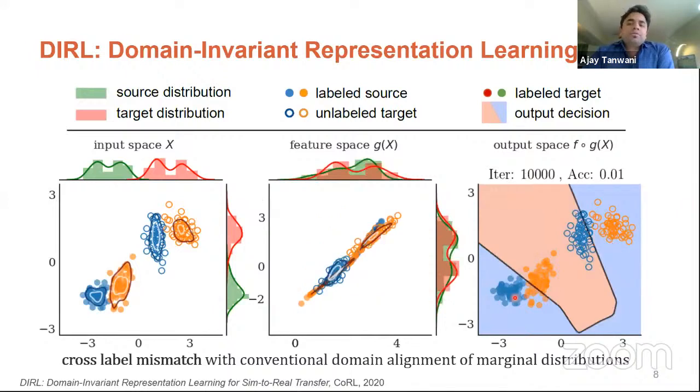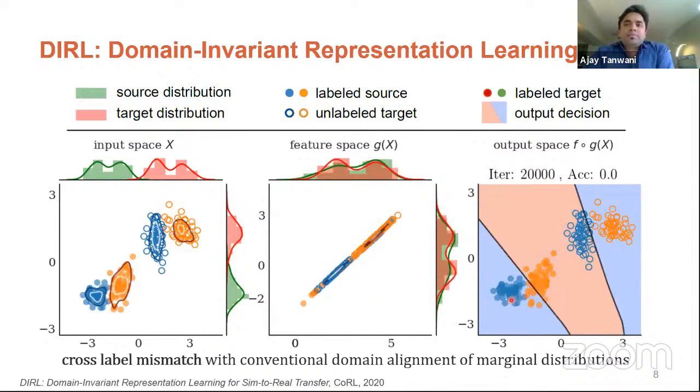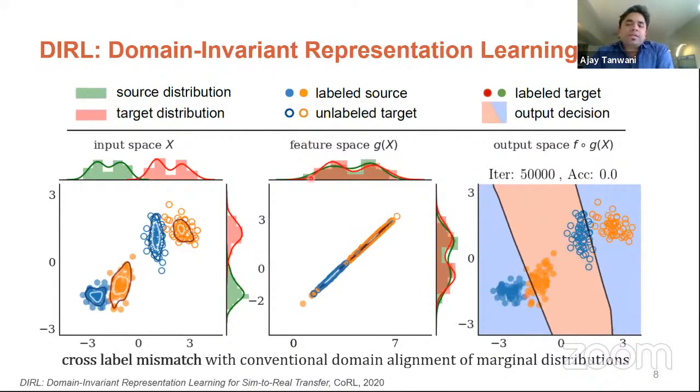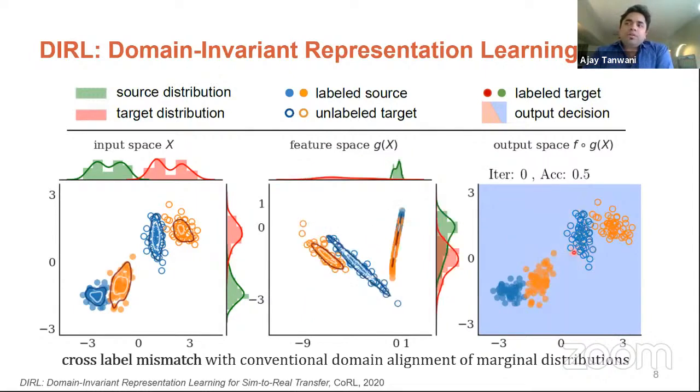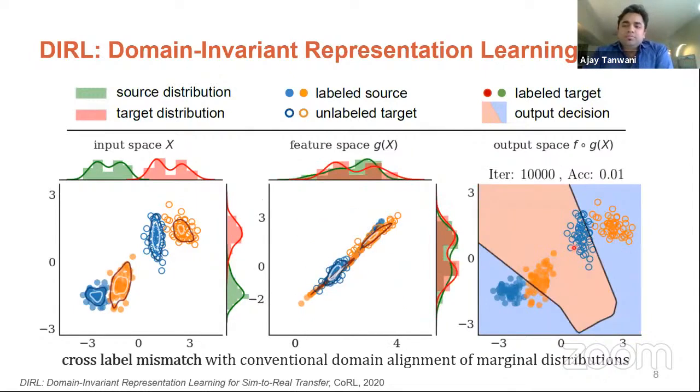Aligning the marginal distributions in the shared feature space, as represented by these overlapping density plots, however, results in a cross-mapping of class categories with negative transfer. Intuitively speaking, the apples of a simulator are being aligned with the oranges of the real domain in this case.